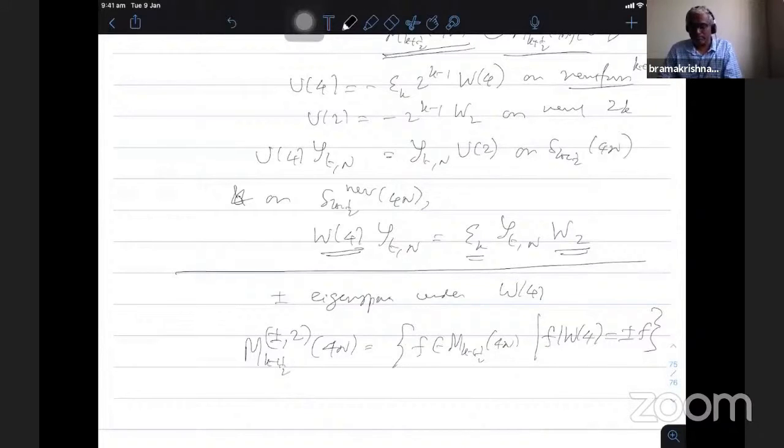So this plus minus is nothing to do with the Cohen plus space. Only when p is an odd prime dividing n, they preserve the plus space, there will be confusion. Therefore I have to put a notation. In this one, there is no confusion of notation, because when I consider the plus minus 2 with respect to W4, I cannot take the plus space, so you have to take only the full space. So take the cusp forms; one should have this understanding so that confusion will not be there. So you take the M_{k+1/2}^{±,2}(4n) intersect with the cusp forms.